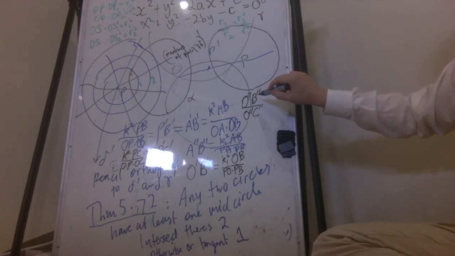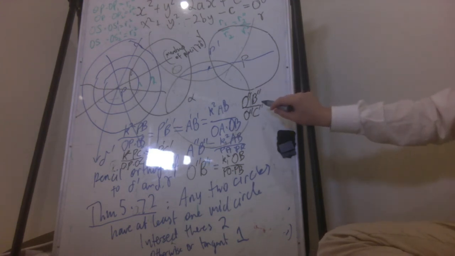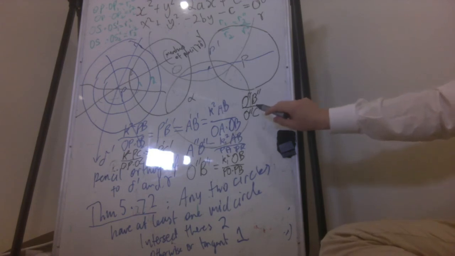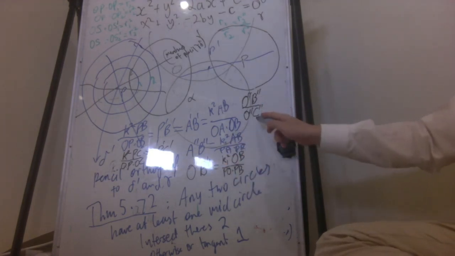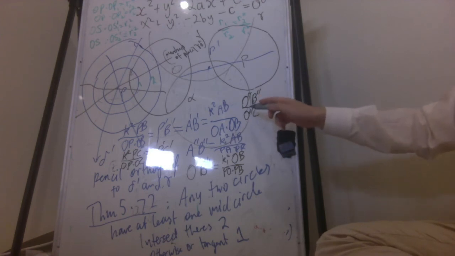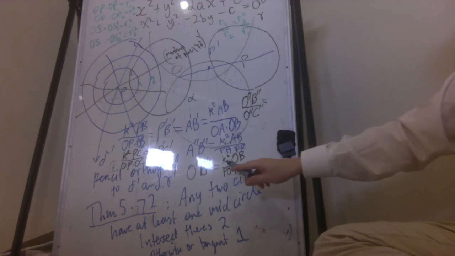Isn't this something that we're comparing with when we inverted it around? So I think this will work. So that's what you get for the B. Do the same for the C, and then ratio them. Once you do the ratio, this K squared will cancel, and then the OP will cancel.